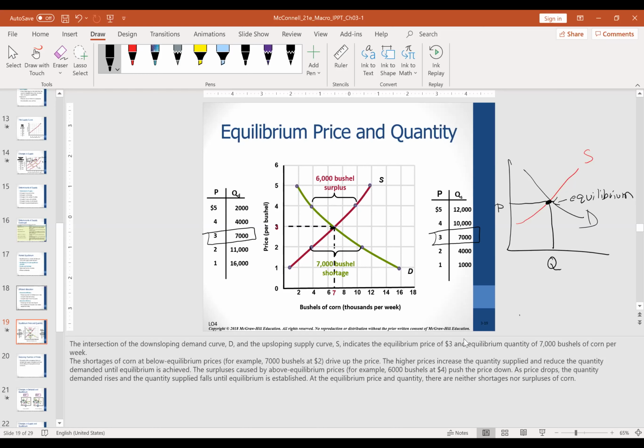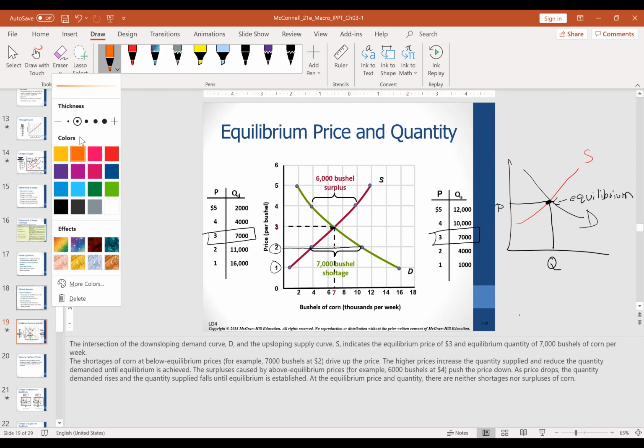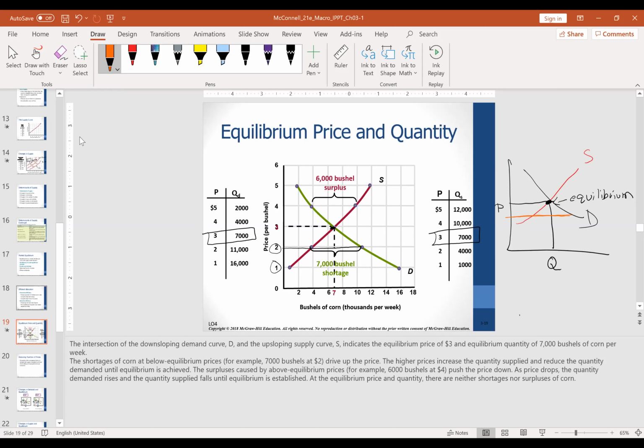If we are below this equilibrium point, say when price is $2 or $1, we will have a shortage. If we are here somewhere, quantity demanded is greater than quantity supplied.